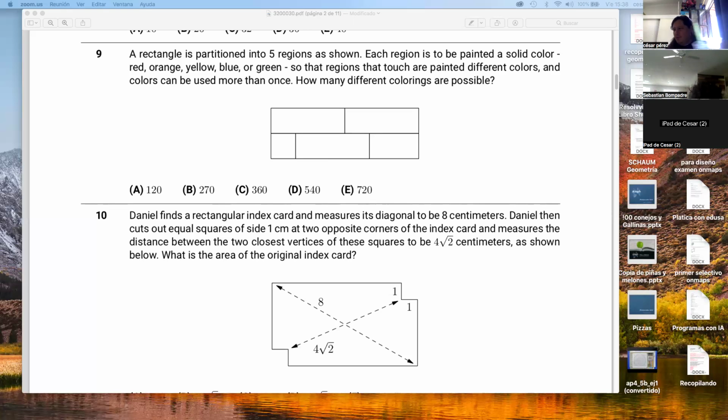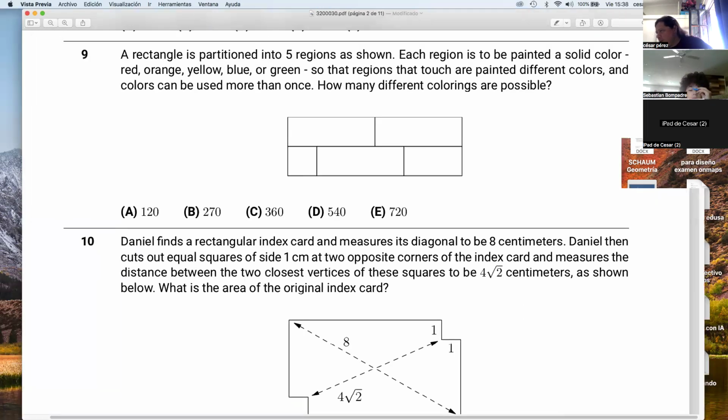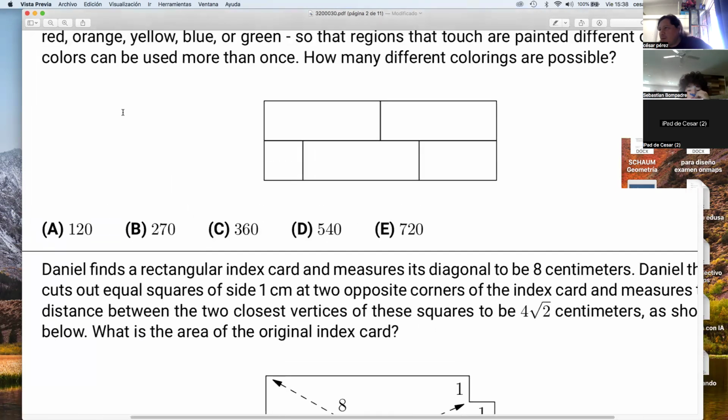No. No? Okay. We are going to choose a color. Okay. Let's see. I need more space. Okay.